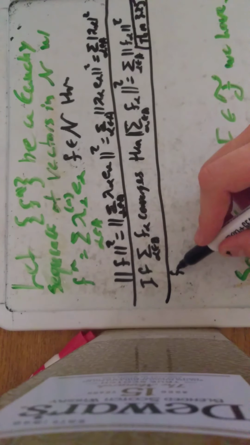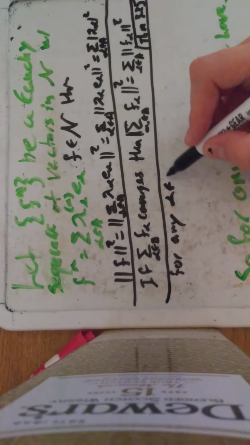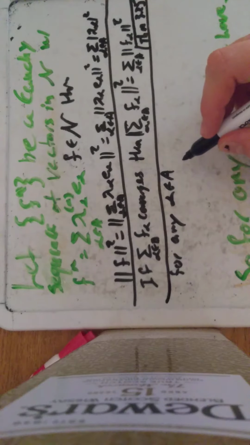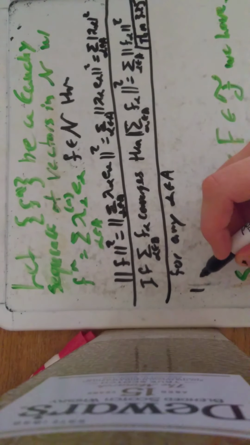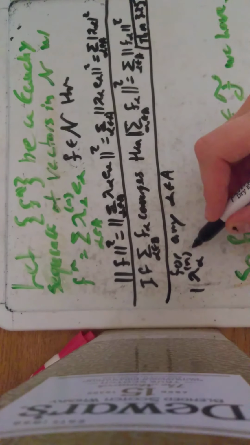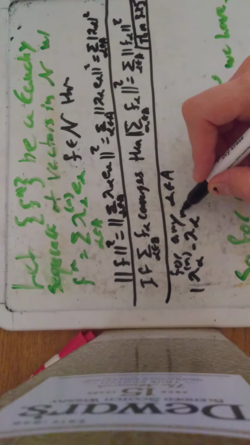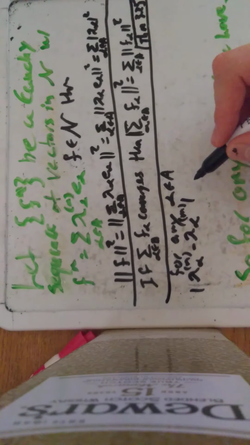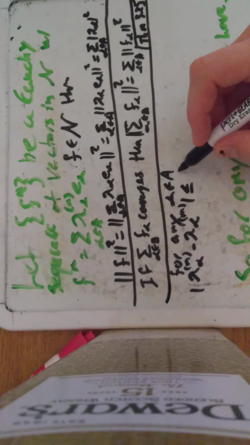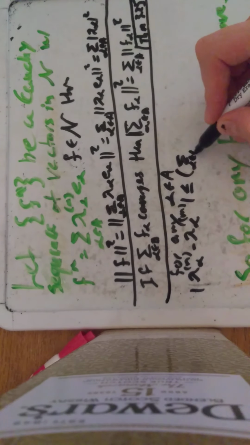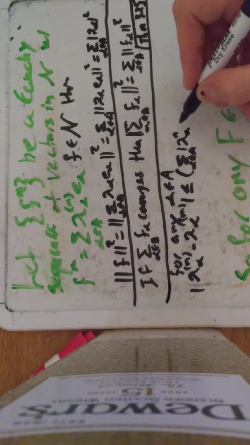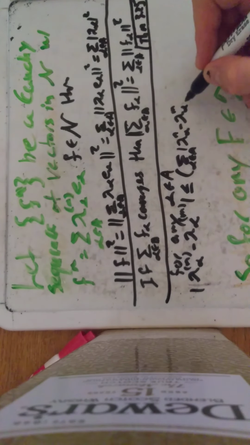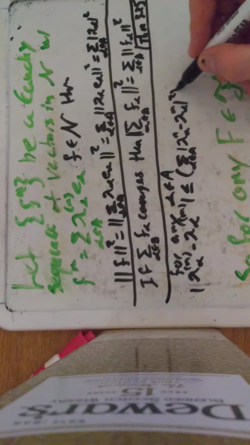Yes? So, moving forward, for any alpha in A, if I pick one such alpha in A, we get that the norm, it's a complex number, so the norm of lambda_alpha^n minus lambda_alpha^m is less than or equal to the sum over alpha in A of the norm of lambda_alpha^n minus lambda_alpha^m squared.